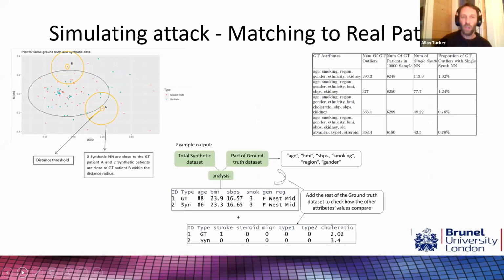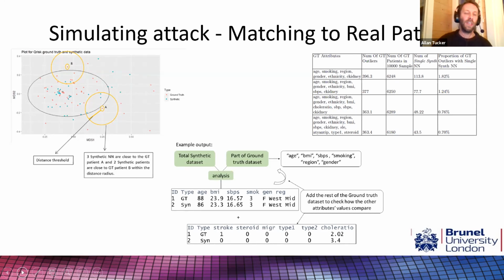Okay, and this is just slightly building on what Pooja was talking about, where we did actually get someone within the MHRA to simulate an attack. So we gave this person a load of selected ground truth information about patients. So this could be things like the age, the region that they live in, whether they smoke or not, their gender, sorts of things that people may be able to get access to.